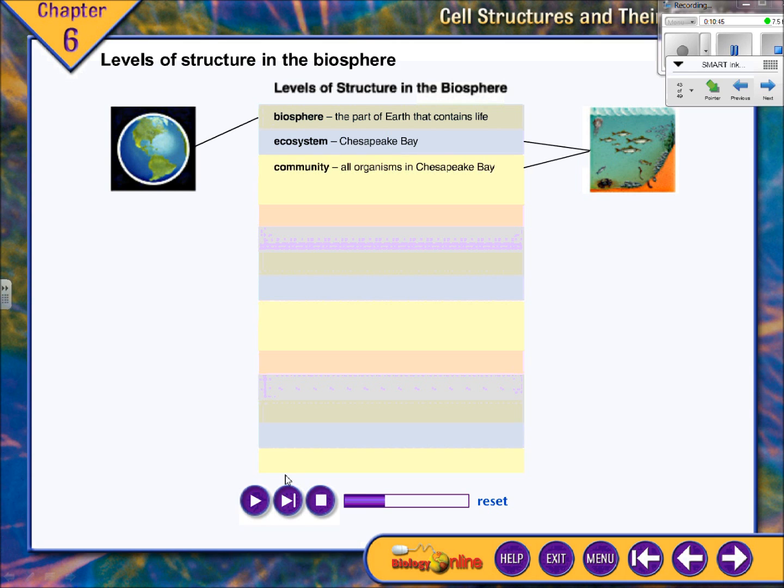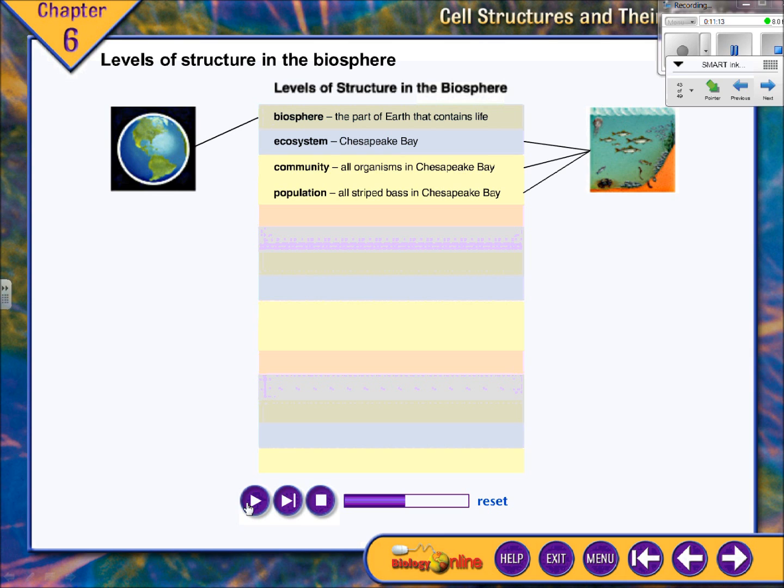A community would include all organisms in the Chesapeake Bay ecosystem. A population would include all organisms of one species, such as striped bass within the community. You could see we're mixing in ecology to get all the way to the biggest level. And what was the biggest level again? Biosphere. Good. And bio means?